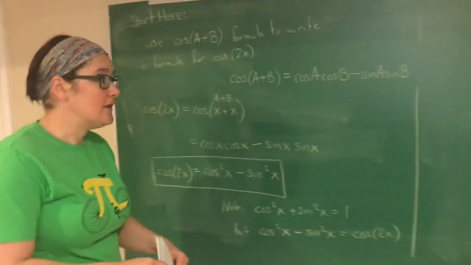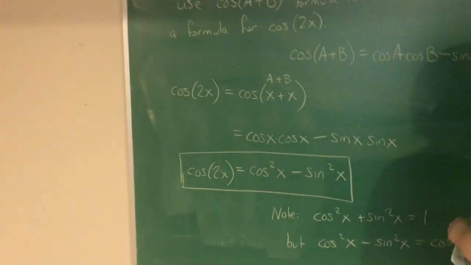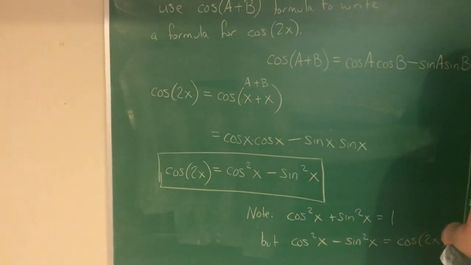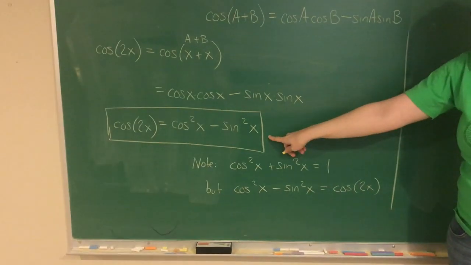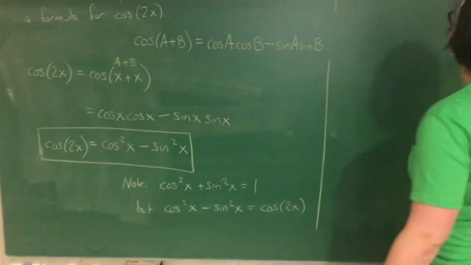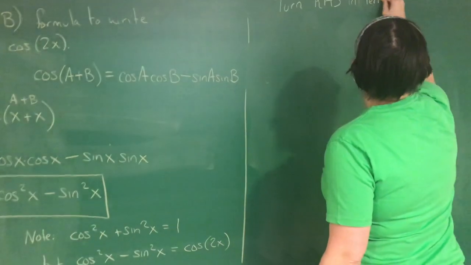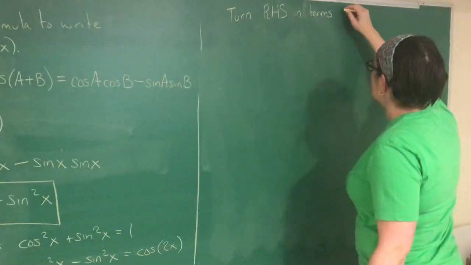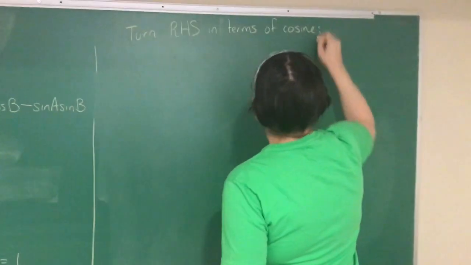Our next step in this derivation is that we are going to turn the right-hand side of this formula entirely into cosines. So we're going to turn the right-hand side in terms of only cosine.